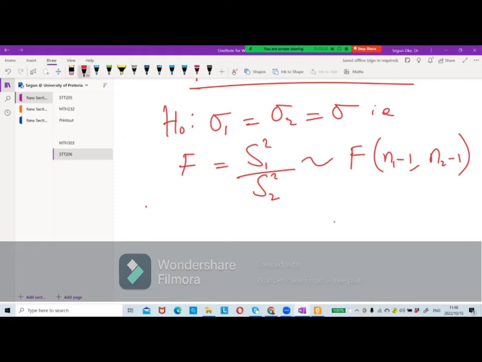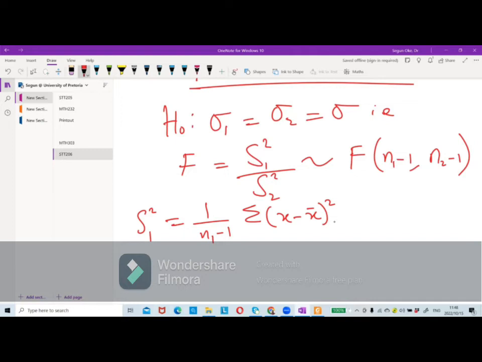How do we solve this? What's the formula for S1 squared? It's the same thing as 1 over N1 minus 1 summation of X minus X bar all squared. That is what we just solved now.